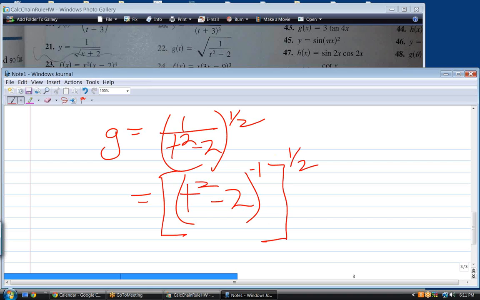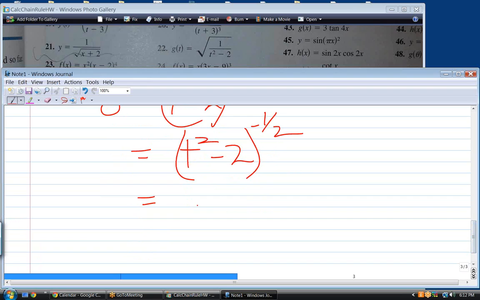What's the way to handle these exponents? We've got double exponentiation going on. So we multiply them. Yes. So the new exponent is minus 1/2. Now you're ready to take the derivative of the outside times the derivative of the inside.